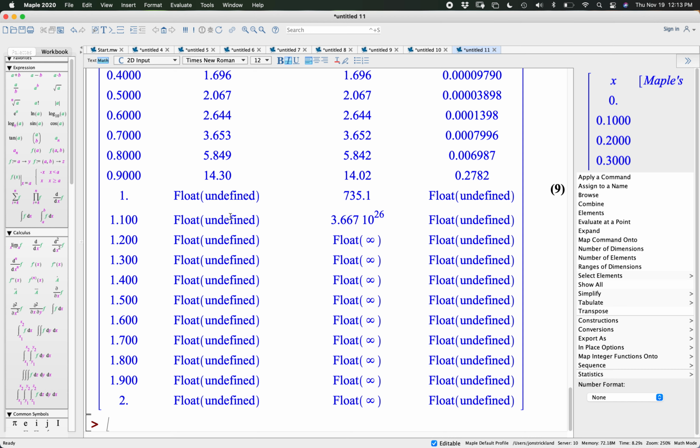Okay, so numerical methods are reliable, especially if you're looking at integrals along the lines of single variable calculus.